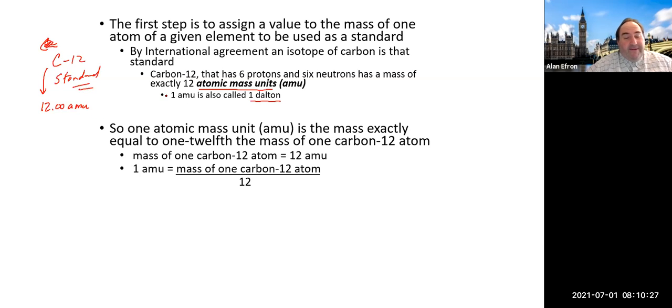I will say we don't use atomic mass units too much. We do and we don't. As we'll see a little later in this chapter, we use grams per mole, which is equivalent to atomic mass units. So one atomic mass unit is 1/12 the mass of a carbon 12 isotope.